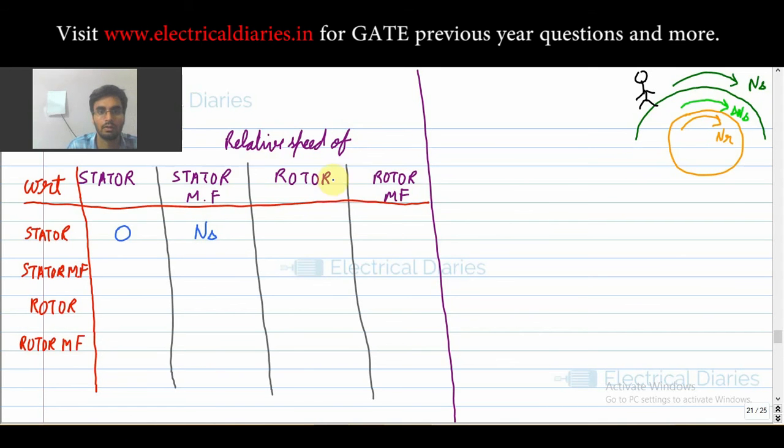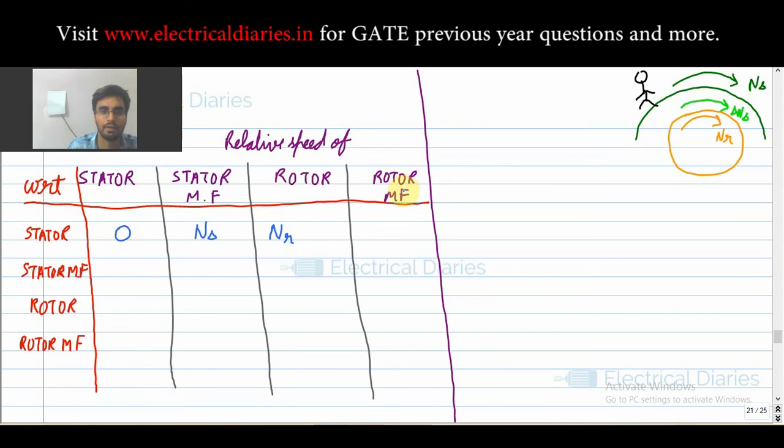Now here it is rotor. The relative speed of rotor with respect to stator. This is a rotor and we have to see it with respect to stator. I have already told you that the rotor moves with the speed of nr with respect to the stator, so this will be nr.